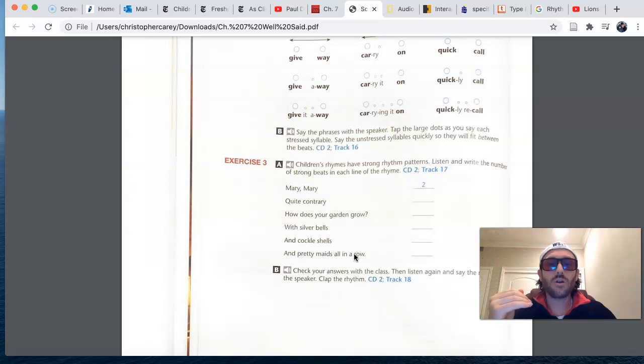How does your garden grow? 3 strong beats in that one. How, garden, grow. And then forgive me. Mary, Mary. So on the first syllable in Mary. Quite contrary. On the second syllable in contrary.